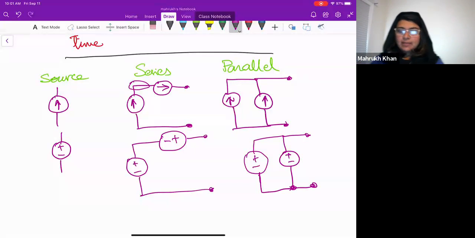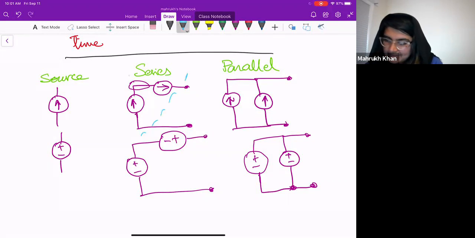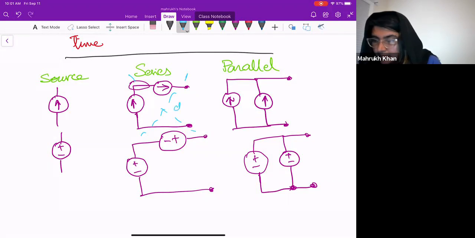So if we take current sources in series, then these currents will not satisfy either KVL or KCL. This does not make sense unless you have some resistance in between.